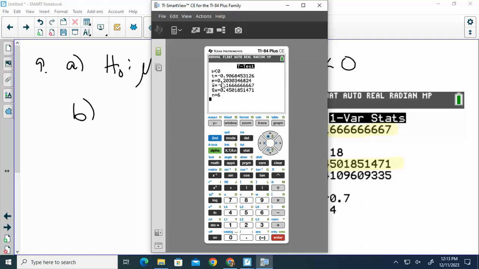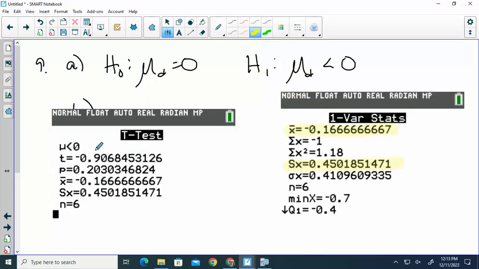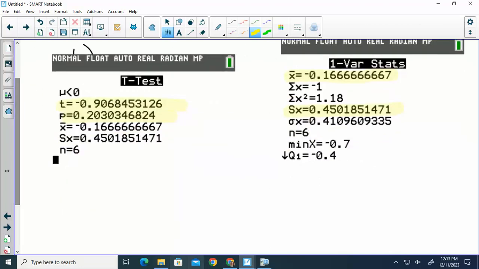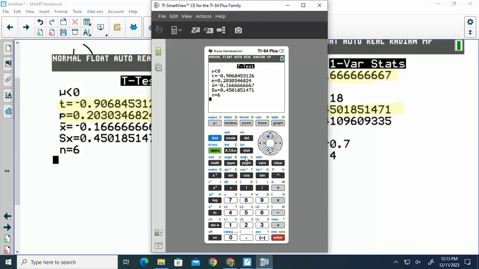So we have our t and we have our p. Alpha was 0.05, so since p is greater than alpha, what does that mean? Fail to reject.